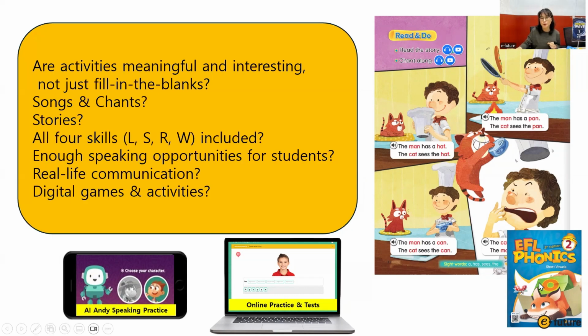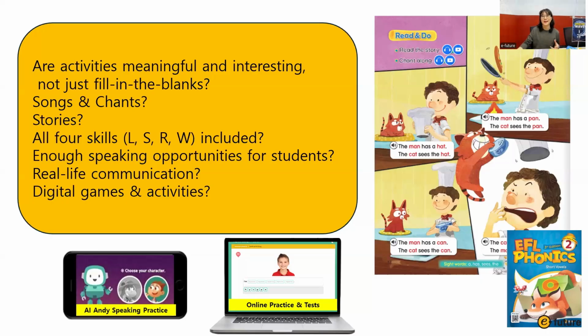So when you choose the books, look through the pages, see if there are different types of activities included in the book. Hopefully interesting, fun, meaningful activities and games, right? That students will enjoy and also learn by doing. The games and activities are for practice, right?